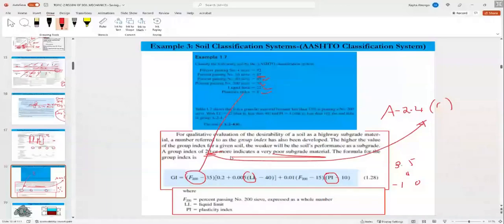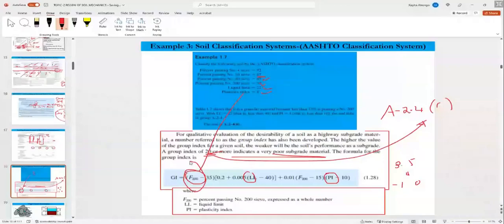Three things are here: F200, the percentage passing sieve number 200. If you want to reduce F200, you need to mix that fine-grained soil with coarse soil. That is known as the mechanical stabilization of the soil.